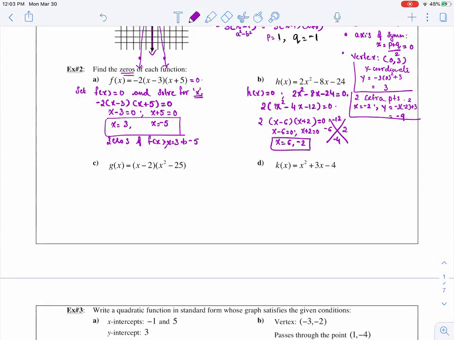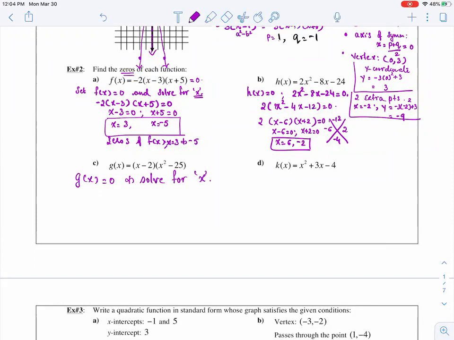How do you find zeros? To find the zeros, you set the function equal to 0 and solve for x. Make sense? To find the zeros, you set the equation equal to 0 and solve for x.